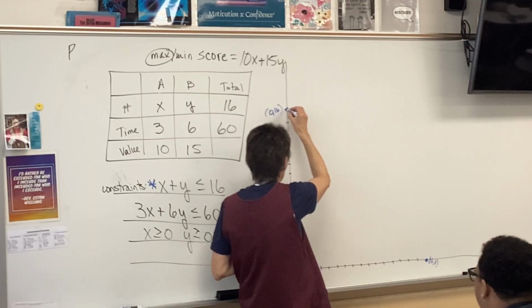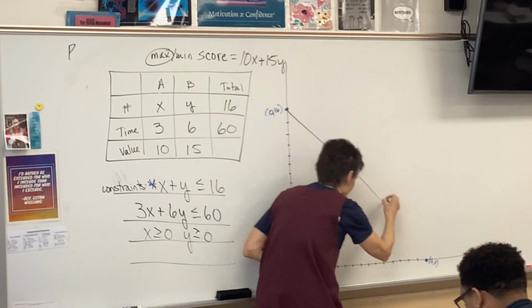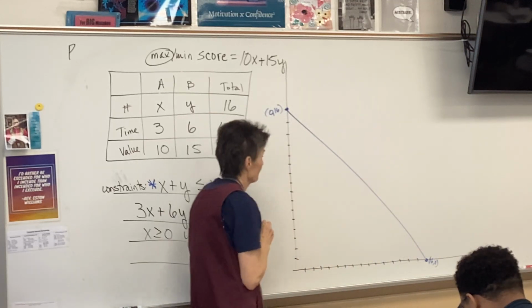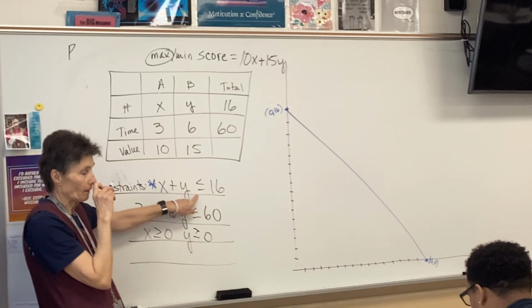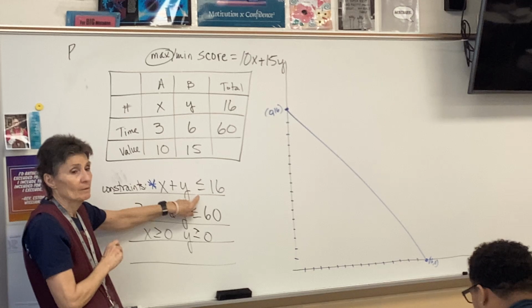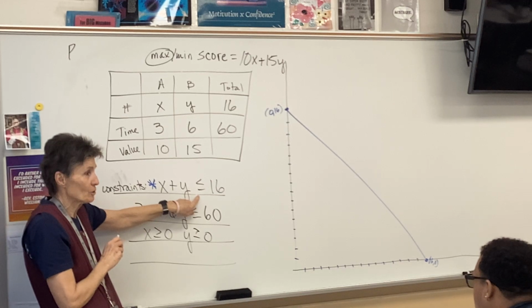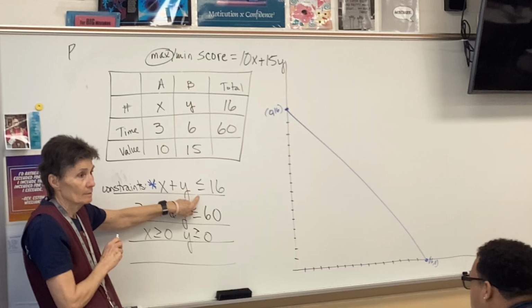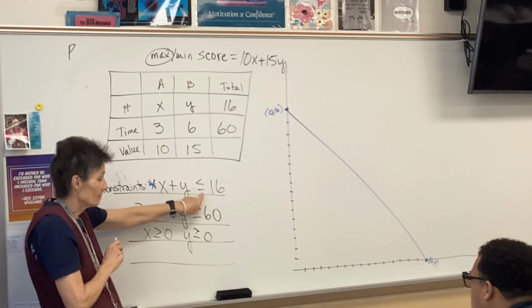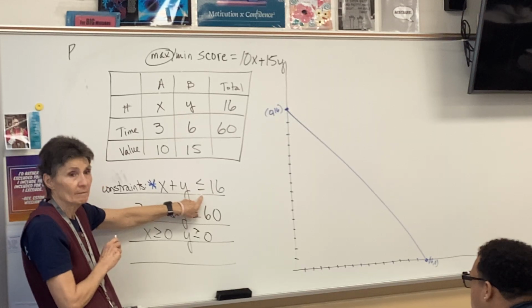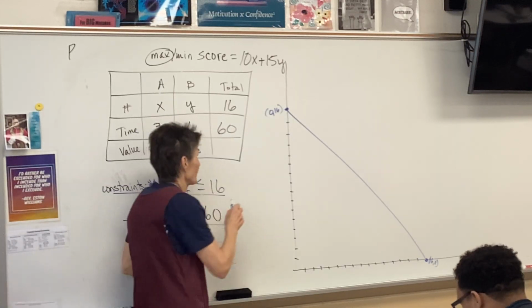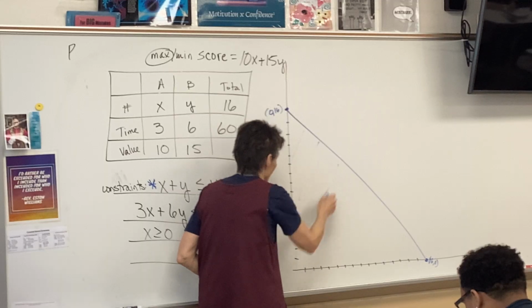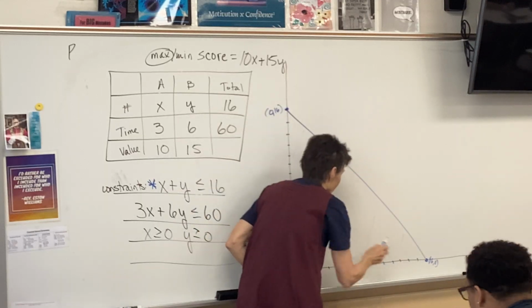And then I'm going to connect those with as straight a line as I can. And then I'm going to shade. Where do you think I'm going to shade? Less than, underneath. I'm shading underneath, right here. All this triangle is shaded.